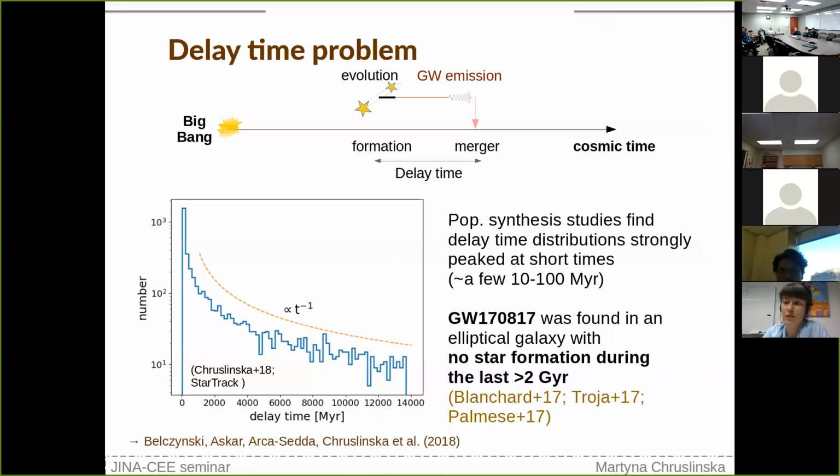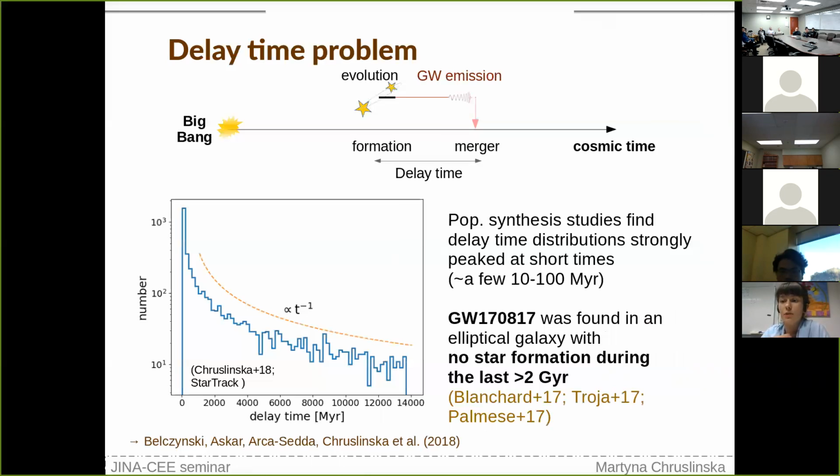And we saw the only so far detected gravitational waves from merging double neutron stars in an elliptical galaxy, with limits on star formation suggesting that there was little to no star formation during the last 2 gigayears, which is a bit surprising.